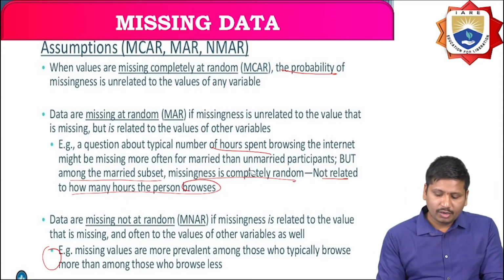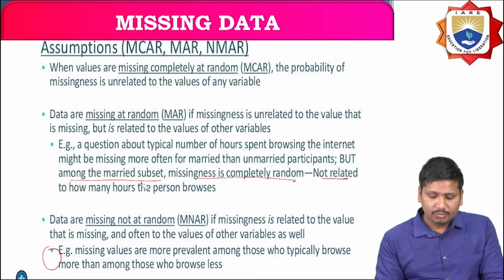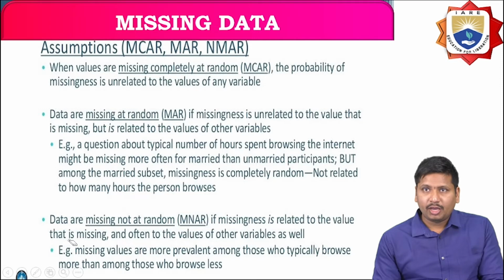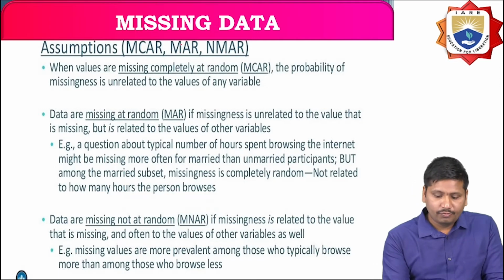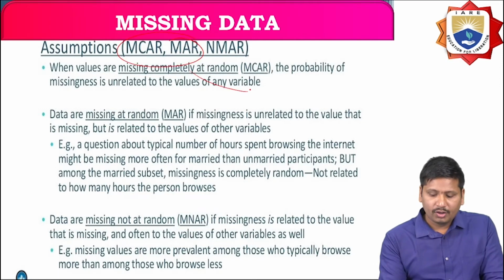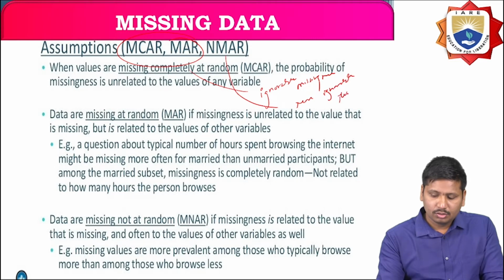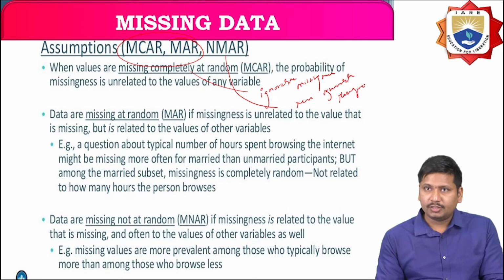So these are the methods available for handling the missing data: MCAR, MAR, and then MNAR. The first two come under ignorable missingness, and this one comes under the non-ignorable missingness mechanism. So we classify two types: the ignorable one and the non-ignorable one.